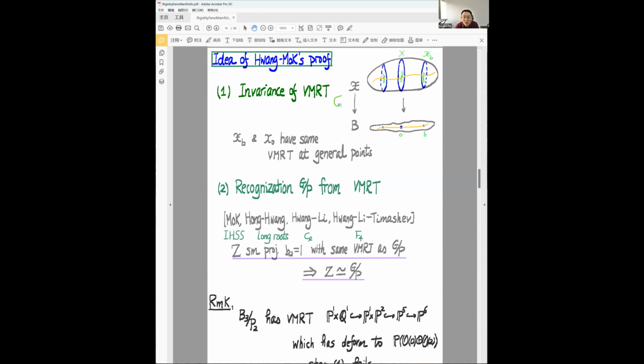The minimal rational curves on the general fiber are deformed to minimal rational curves on the central fiber, and then you consider the deformation of this VMRT.